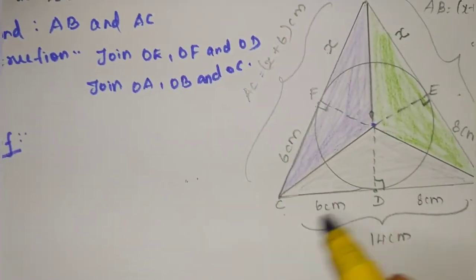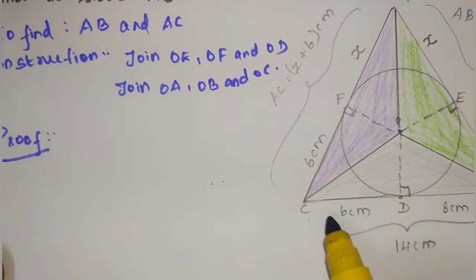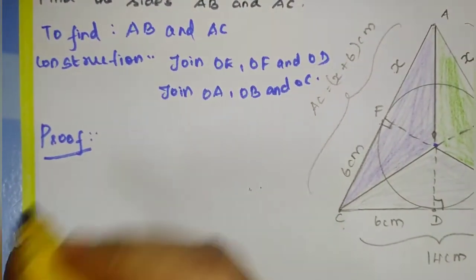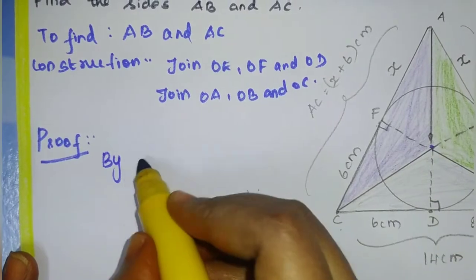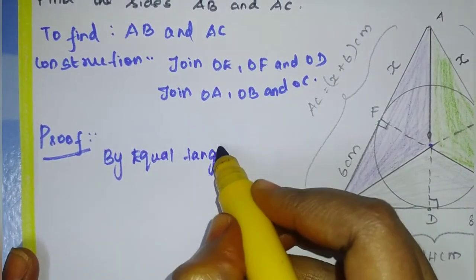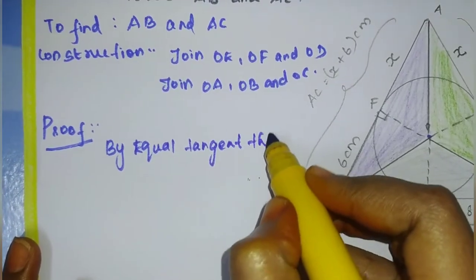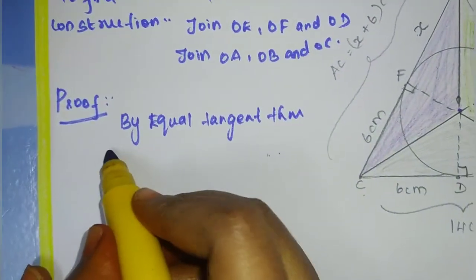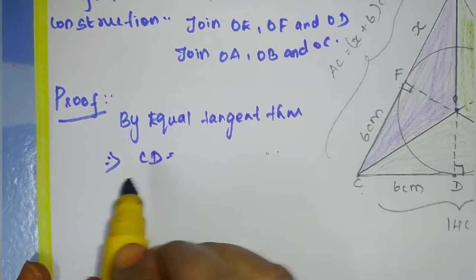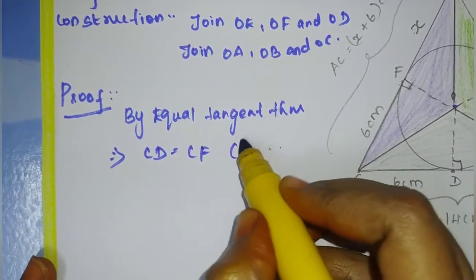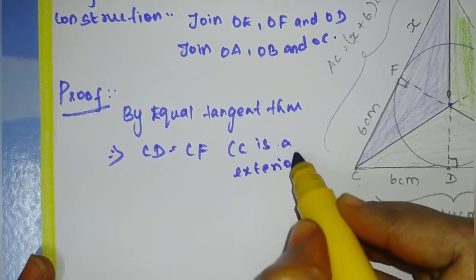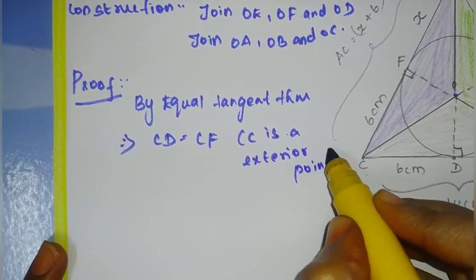First, what we have done, this one you have to mention. If this is 6 centimeter and this one also 6 centimeter, that we have to mention by equal tangent theorem. We can tell that CD is equal to CF. C is an exterior point.